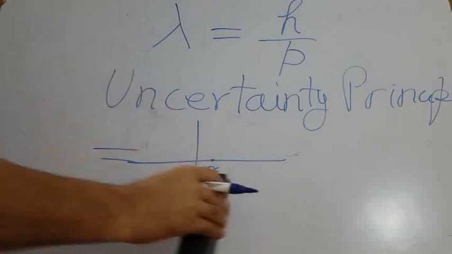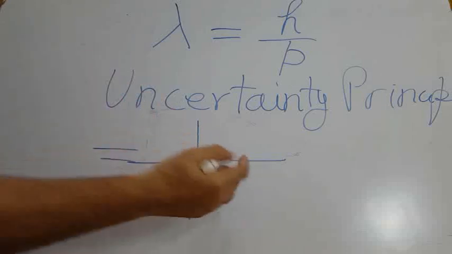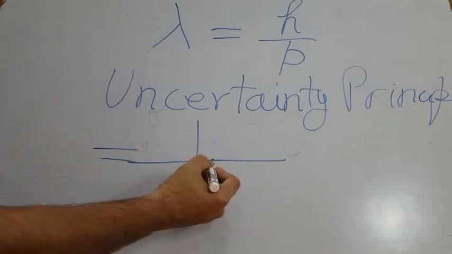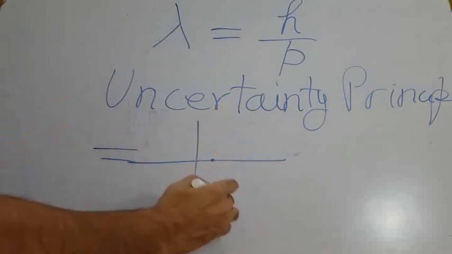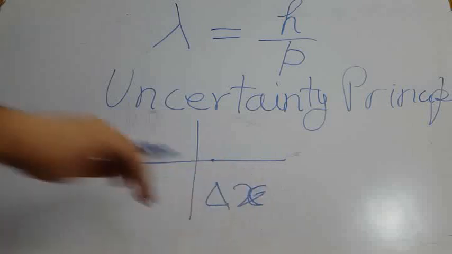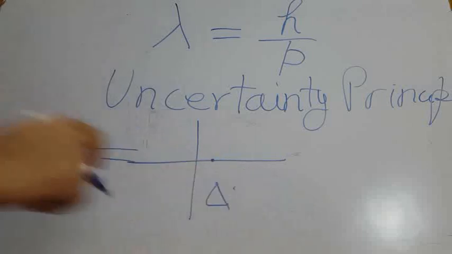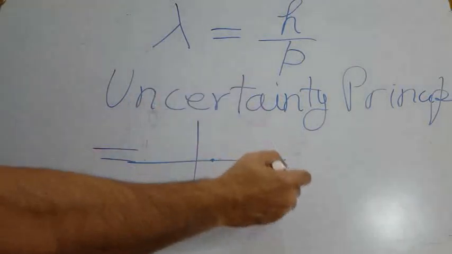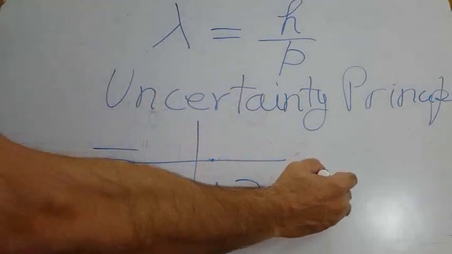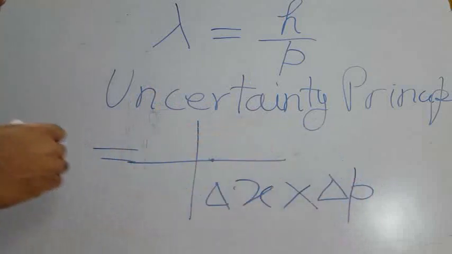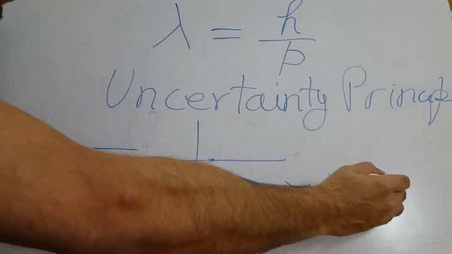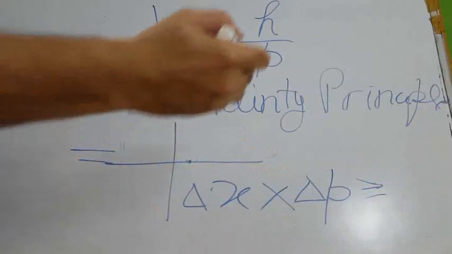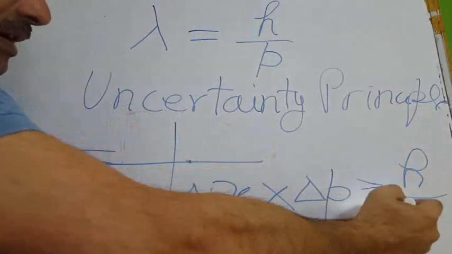We can calculate with uncertainty, means there would be uncertainty, and how much uncertainty would be there means delta x in its position, multiplied by the uncertainty in its momentum delta p is greater than or equal to Planck's constant divided by 4 pi.